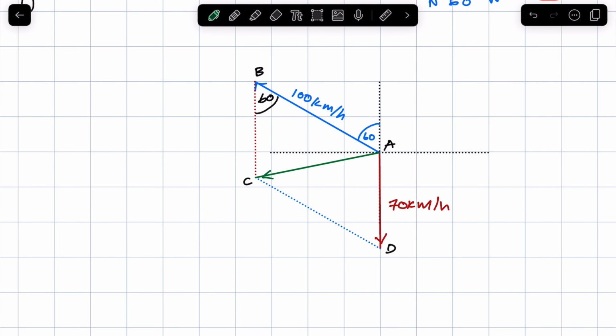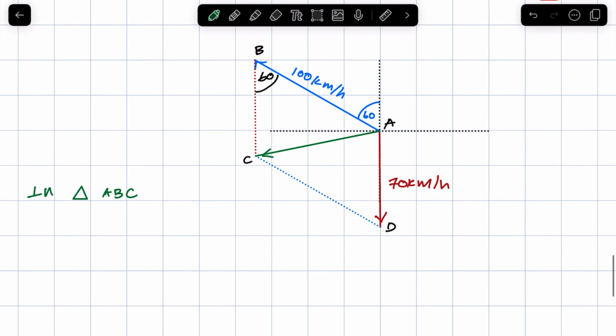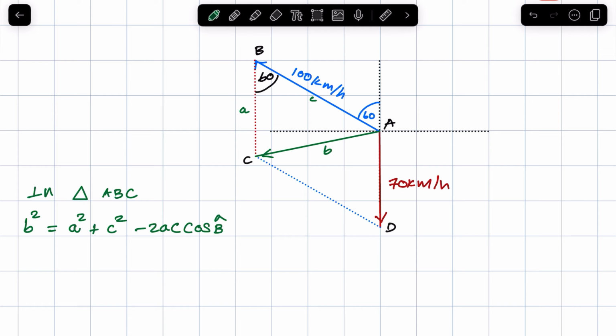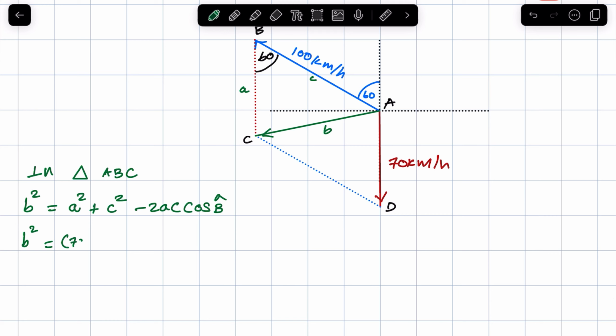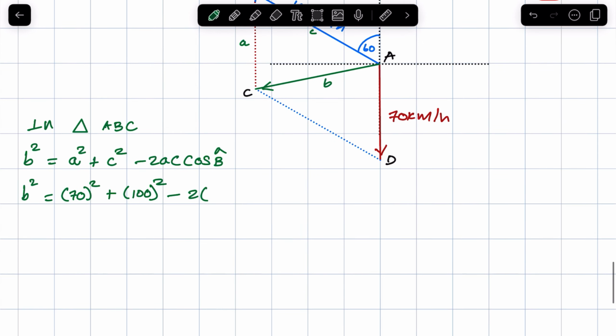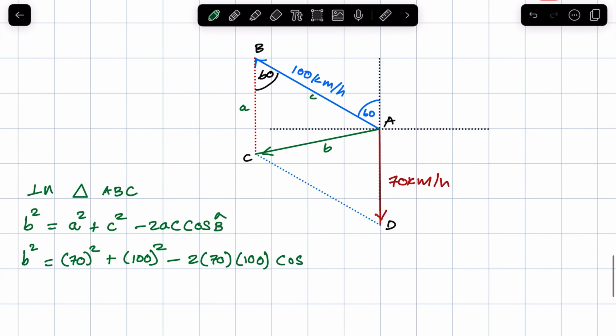So let's say in triangle ABC, that will be A, that's B, and that's C. We are looking for B, so B squared is equal to A squared plus C squared minus 2AC cos B. So B squared is equal to, A is equal to 70 kilometers, so 70 squared plus 100 squared minus 2 times 70 times 100 cos, and angle B is 60 degrees.